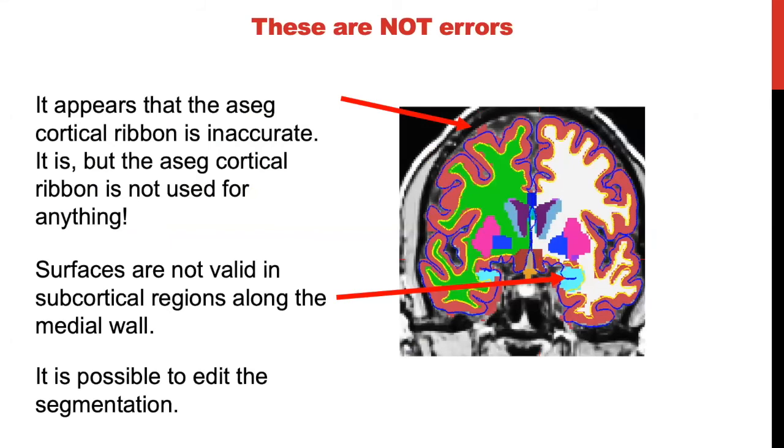The same goes for ASEG. ASEG does a separate analysis that is distinct from our surfaces. So if you look at it here, the blue ribbon looks a bit funkier, like it's not anatomically correct. But because we are looking at the surfaces, we don't need to worry about the subcortical region.